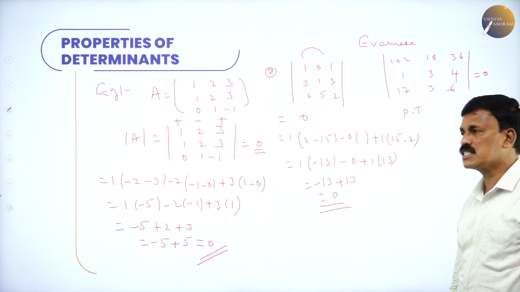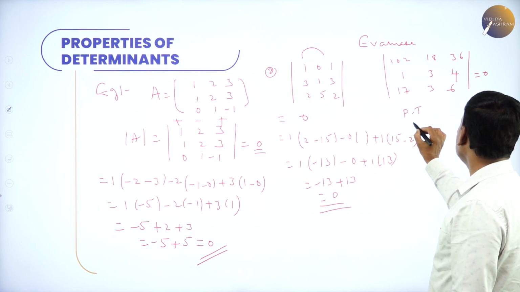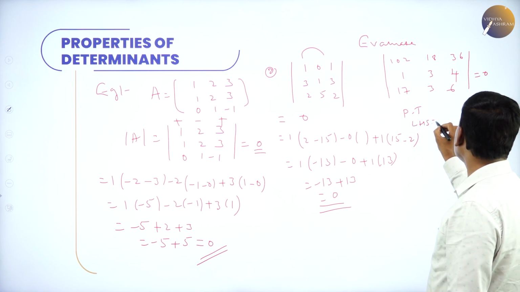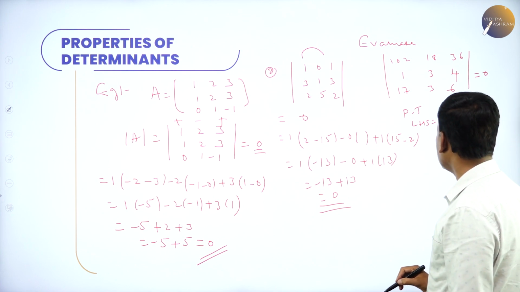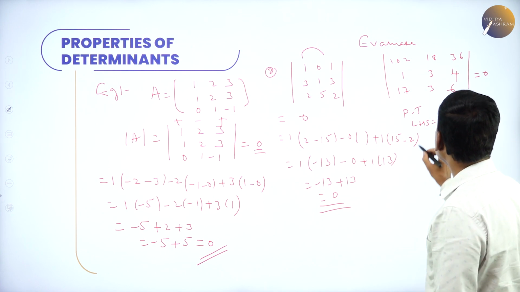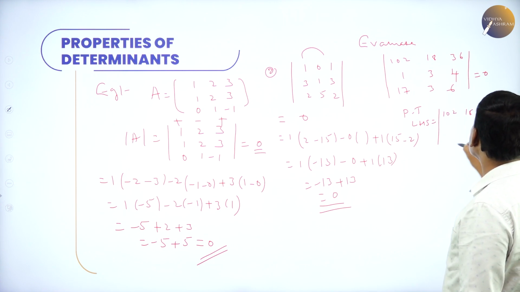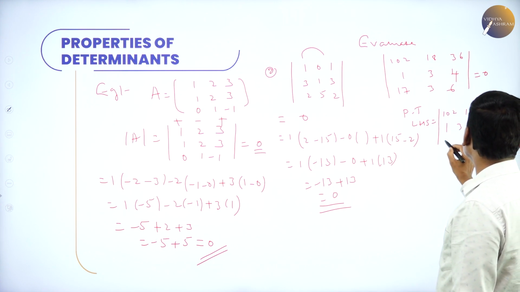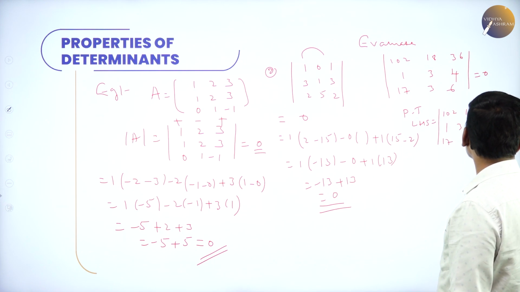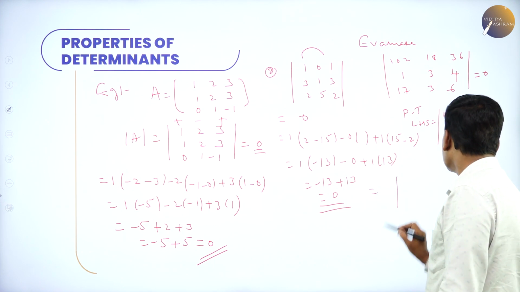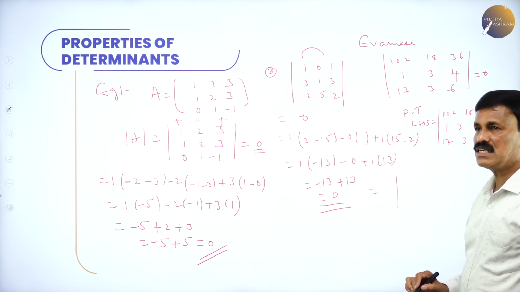Now very simple concept here, just observe carefully the given determinant. So this can be written as LHS: 102, 18, 36, 1, 3, 4, 17, 3 and 6 as it is. Now, you just factorize this.